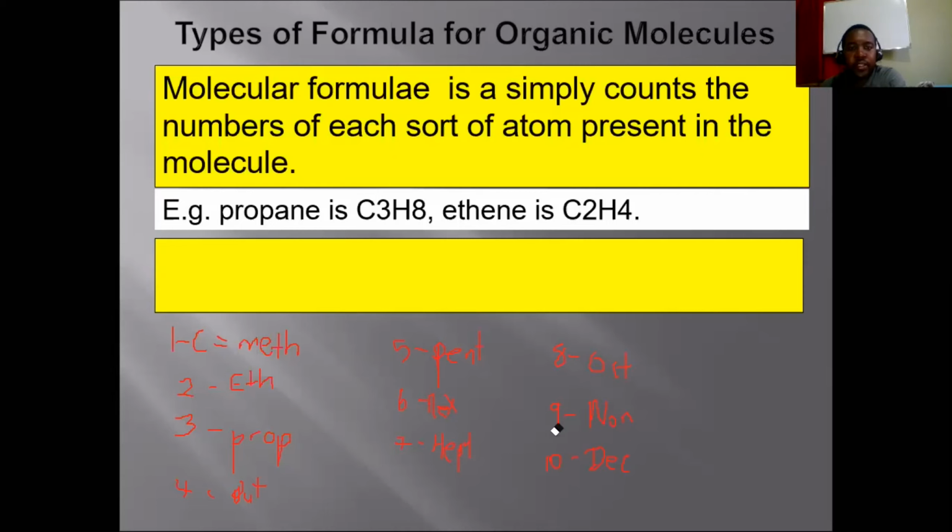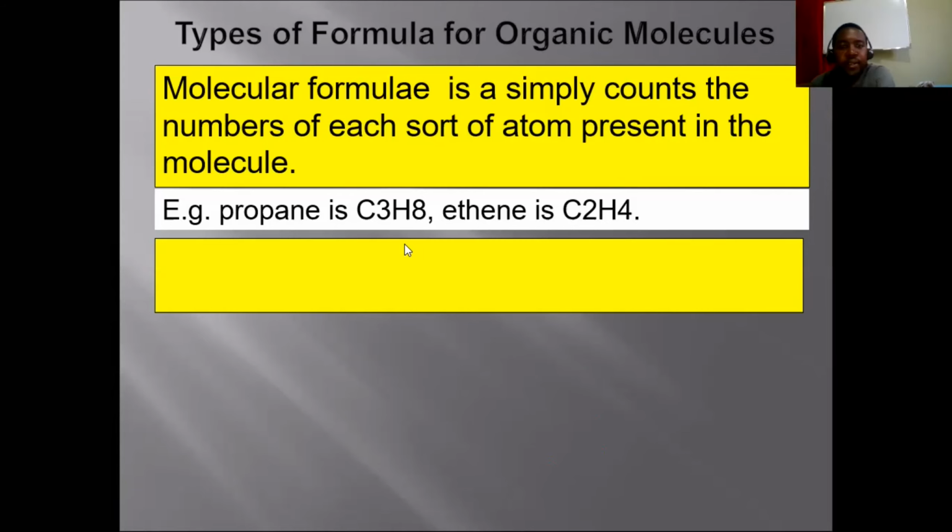All right, so let's look at some examples. If we look at the example propane, because it ends in a-n-e, that means it's an alkane group. In that case, we have C3, and we get the 3 because prop is when it's 3 carbons. Alkanes have a general formula of CnH2n+2.